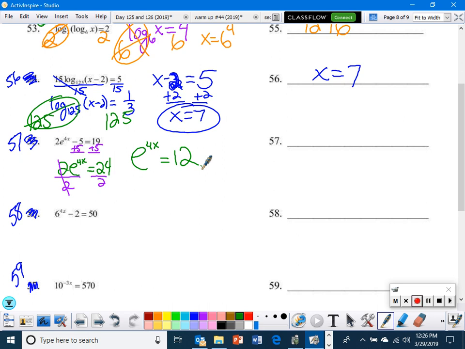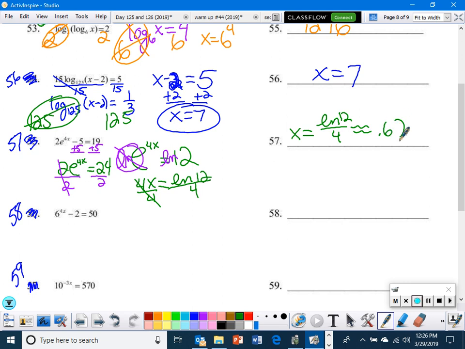We're going to do ln to both sides. Again, I'm limited with space. Sorry about that. This cancels. Now divide by 4. So you can type that into your calculator, and you're going to get approximately 0.62.